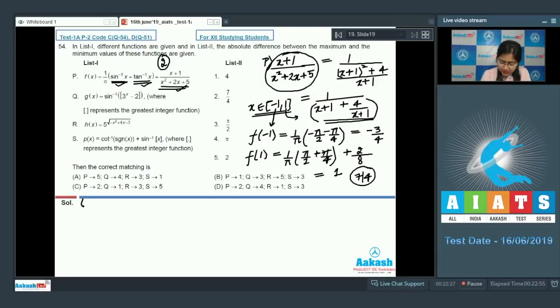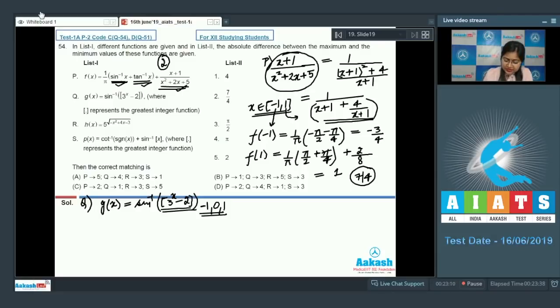Now next, let's talk about option number Q, which says that g(x) is equal to sine inverse of the greatest integer of 3x minus 2. Now this can take values minus 1, 0 or 1. It can take all these three values.